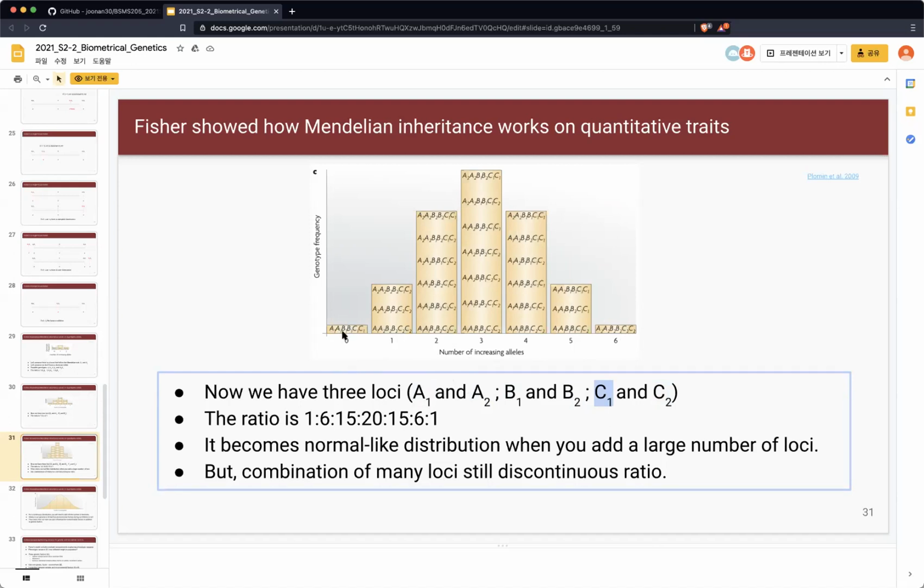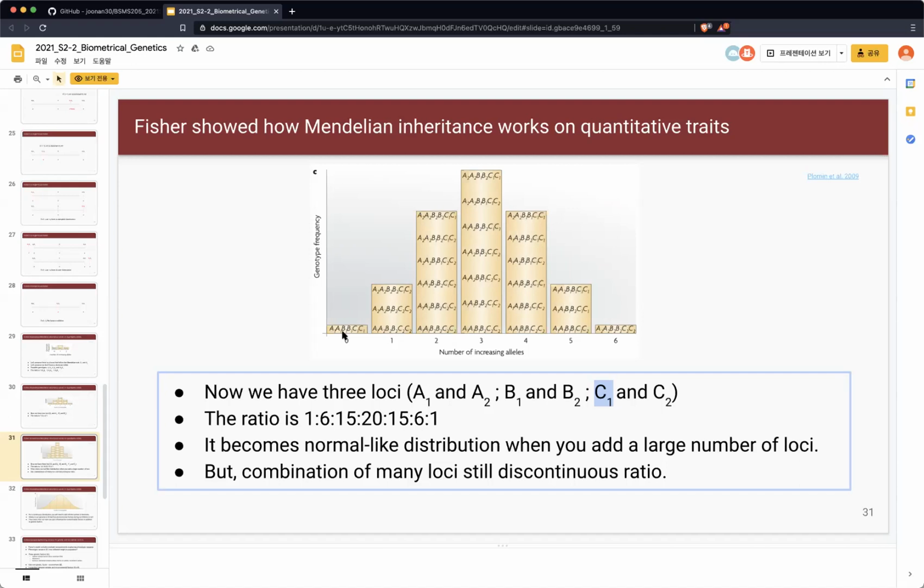Because how you combine your alleles across many different loci gives you a certain genotype, and that genotype is going to determine your phenotype values, right? And if you add up more and more loci, then that trait is going to have some normal-like distribution, right?